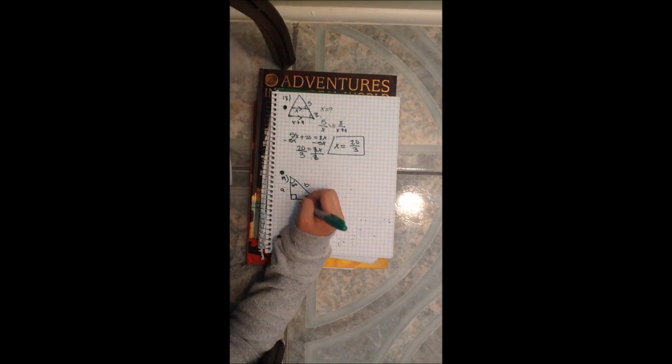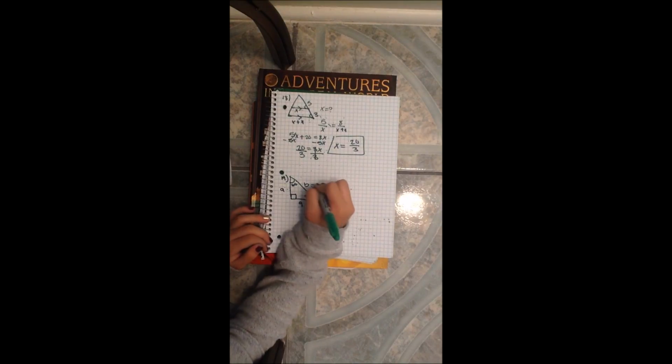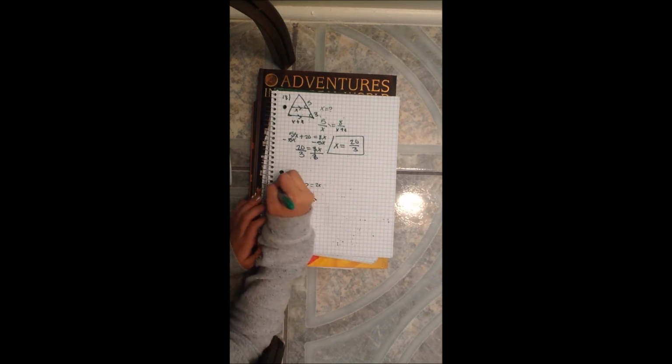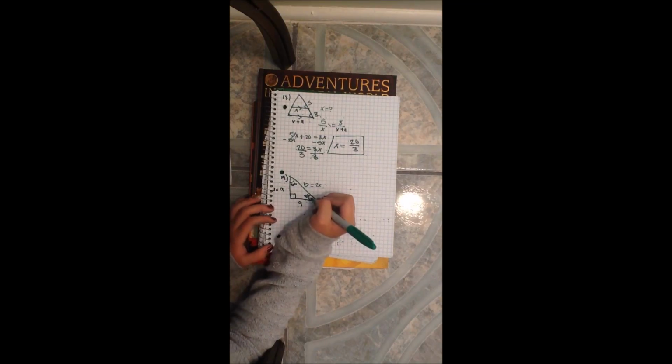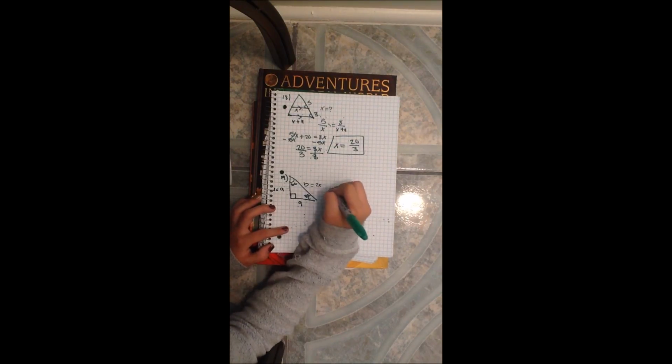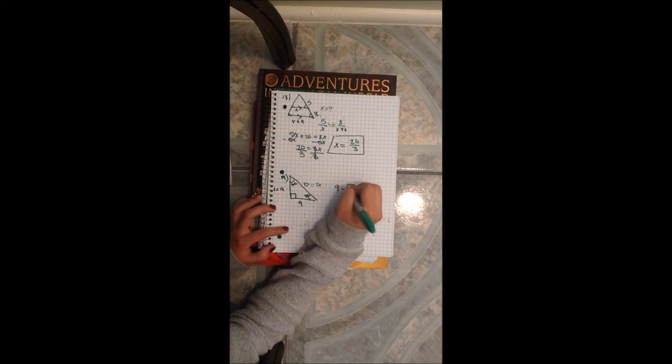B has to always equal 2x because it's across from 90, and A has to equal x because it's across from 30. So to find A, you do 9 times square root of 3 over square root of 3.